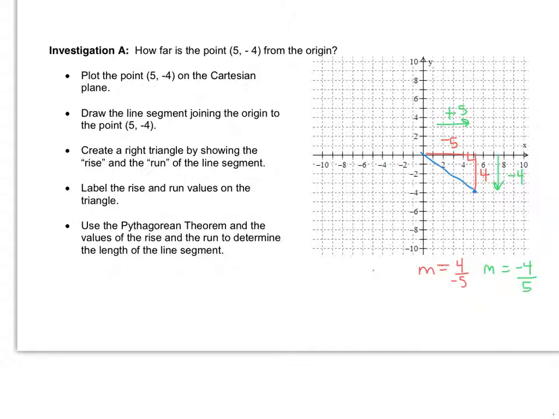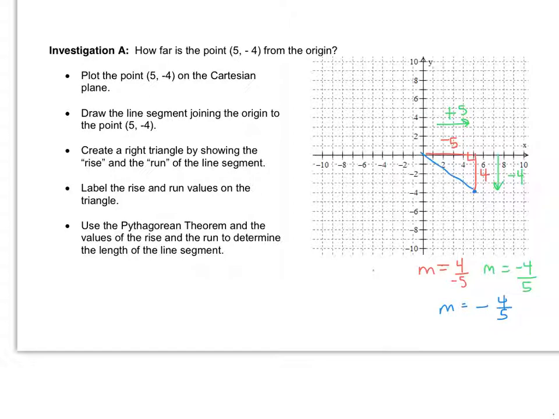In either case, these are the same value. Positive 4 divided by negative 5 gives negative 0.8, and negative 4 divided by positive 5 still gives negative 0.8. I could even write that slope as negative 4/5. Those all mean the same thing. If you forgot that from grade 9, just be aware that those are exactly the same thing.